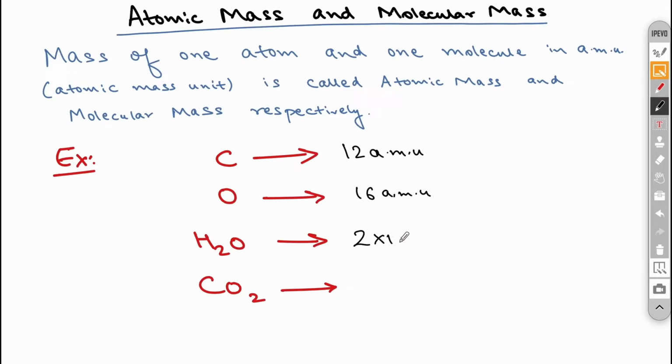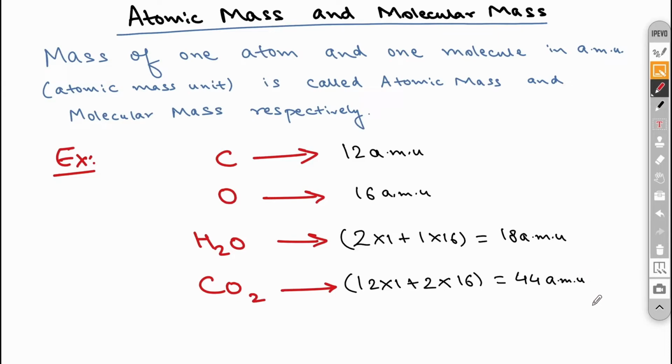For water, the molecular mass will be 2 times 1 plus 16 times 1. It will come out to be 18 U or 18 AMU. And similarly for carbon dioxide, it will be 12 times 1 plus 2 times 16, which is 44 AMU or 44 U, right? You can also write U instead of AMU.